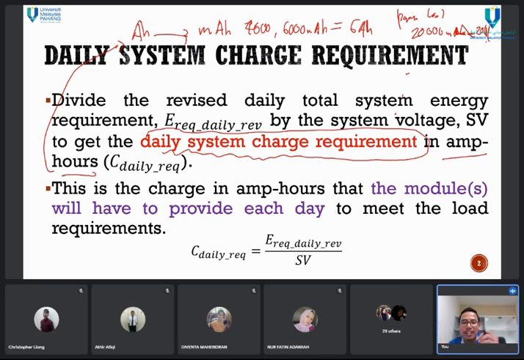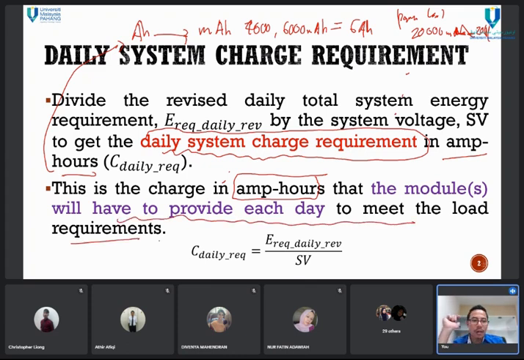Itu je lah. This is the charge in Ah. Okay, remember, this is the charge in Ah that the modules will have to provide each day to meet the load requirements. Ini critical. This is the critical one. We have to calculate the daily system charge requirement, means we have to calculate our Ah per day.